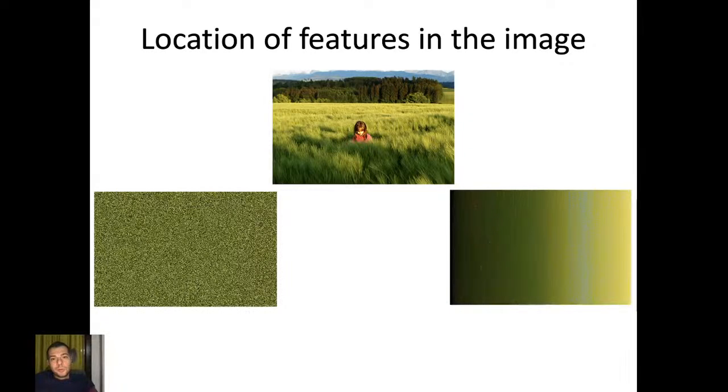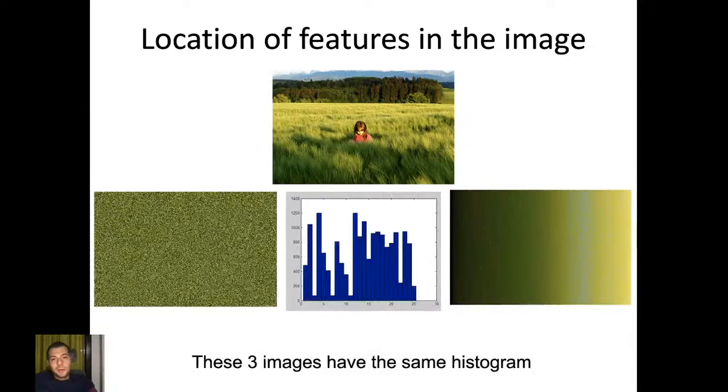So in order to model the locations of features in the image, one way to do this is to use a spatial pyramid. This idea was initially proposed for color histograms.